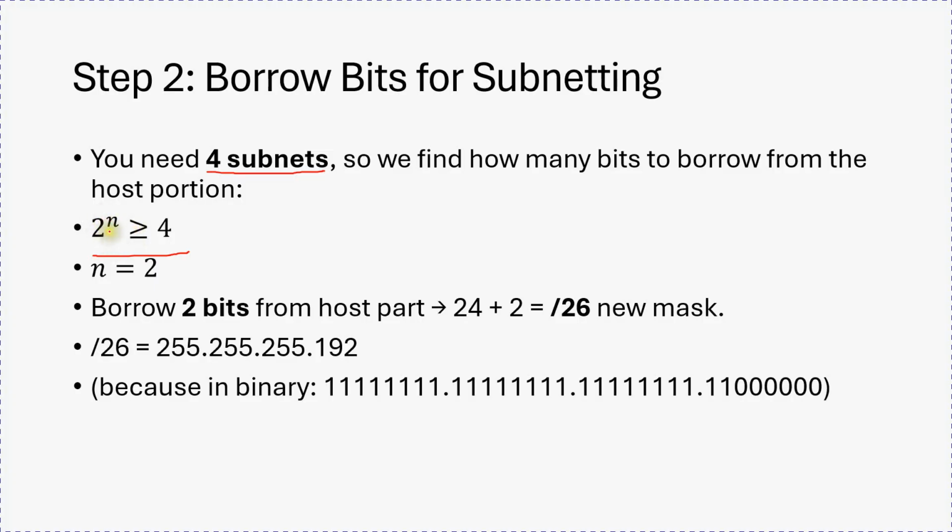So 2 to the power of 2 is 4, so n equals 2. So 24 plus 2, your new subnet mask is 26. So here we are going to use the new subnet mask of /26.